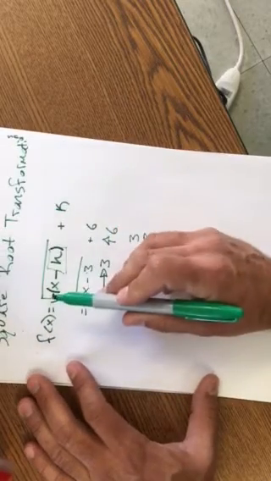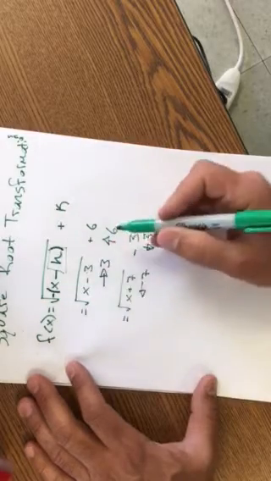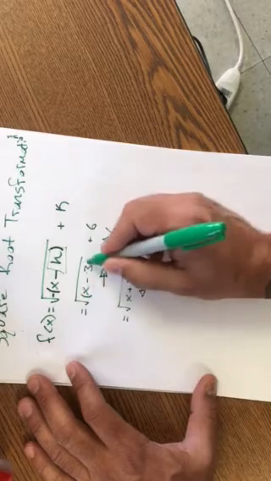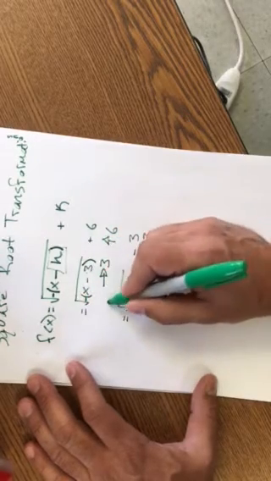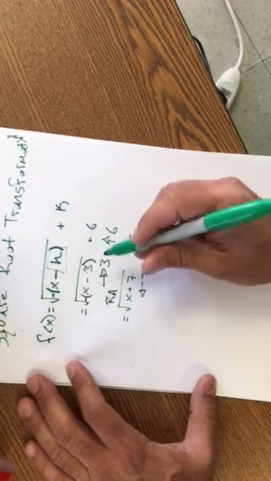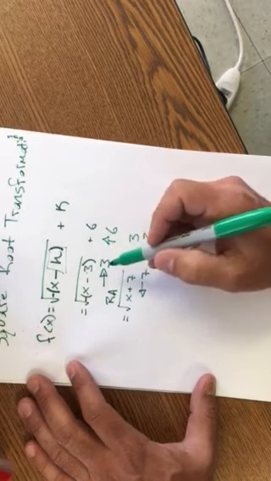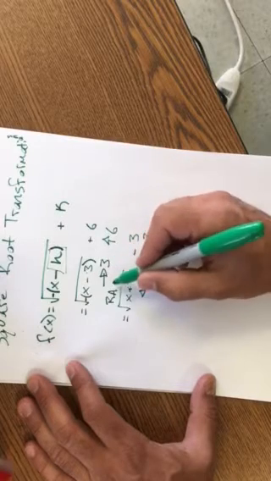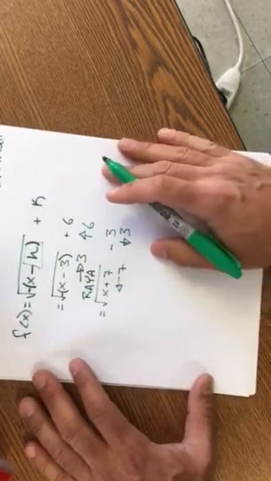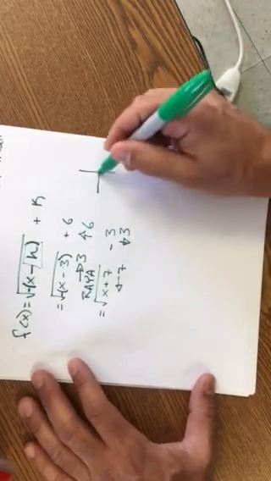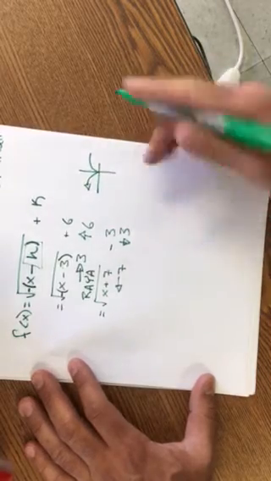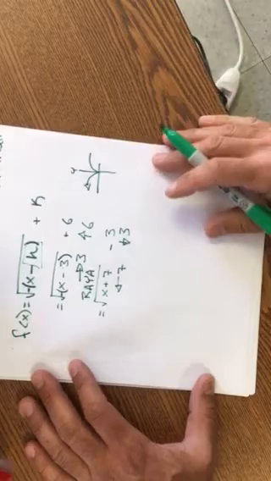So what happens when that happens is that's gonna reflect, we say reflected across the y-axis when that's negative. So what that means is on my graph, instead of going this way, it's going this way. That's reflecting across the y-axis, which is right here, okay?